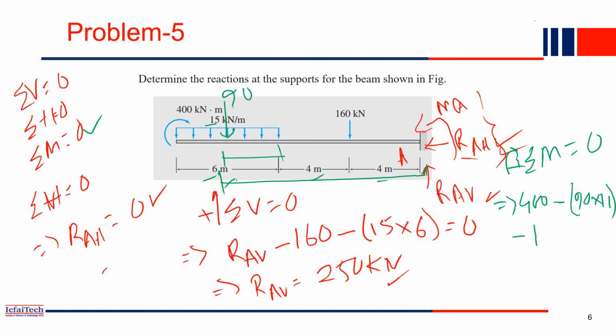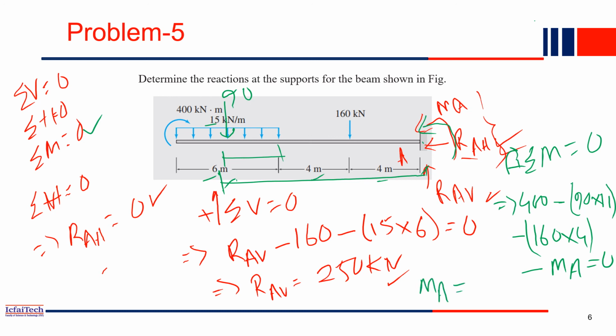So 160 into distance about A, which is 4. And then moment MA is acting also at this point. So this is also anti-clockwise, so minus MA equal to 0. From this equation you can easily compute the value of MA.